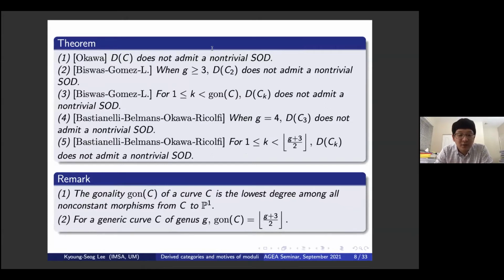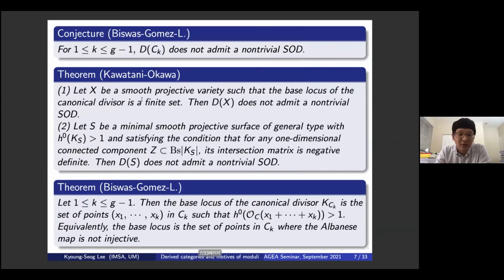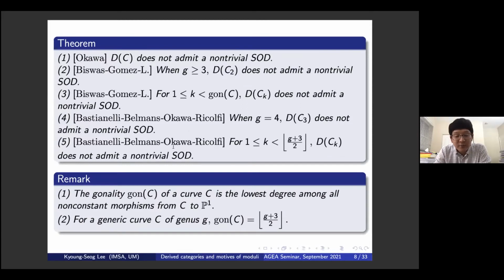Besides, Gomez and myself proved that when g is greater than or equal to 3, the second symmetric product does not admit a non-trivial semi-orthogonal decomposition, by the second result of Kawatani and Okawa. We also proved, because we explicitly describe the base locus of the canonical divisor of the k-symmetric product, that when k is greater than or equal to 1 and less than the gonality, the derived category of the k-symmetric product does not admit a non-trivial semi-orthogonal decomposition.